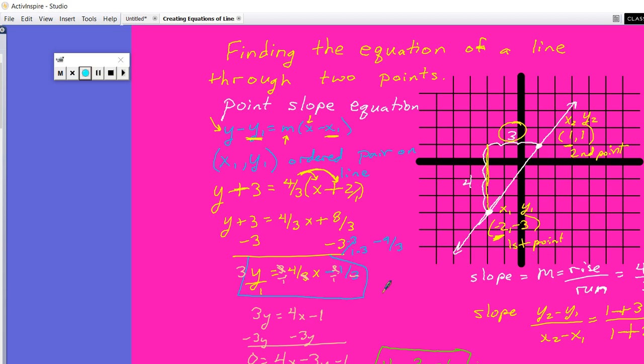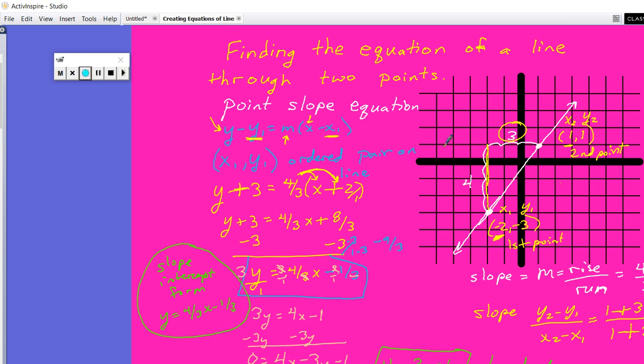So this is standard form. And what we had over here was slope-intercept form: y equals 4/3 x minus 1/3.